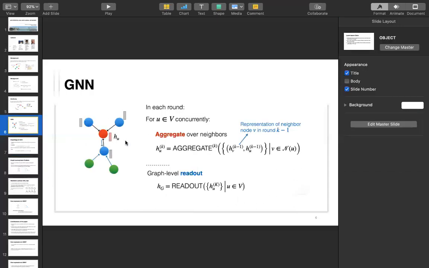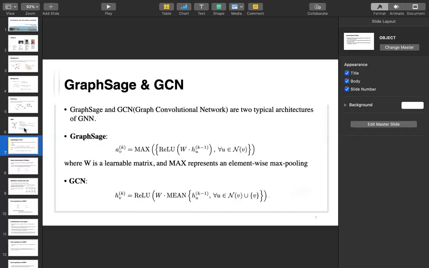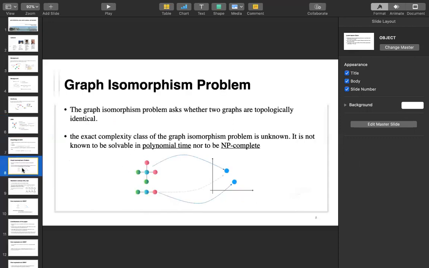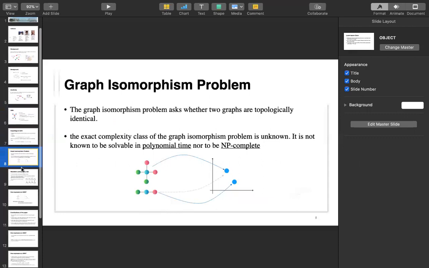As I just said, the aggregate function is an abstract concept, and we can implement it in many different ways, like the max function, the mean function, or any function that can aggregate information. Let me also introduce the graph isomorphism problem.